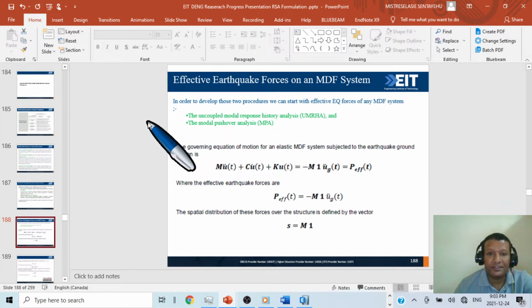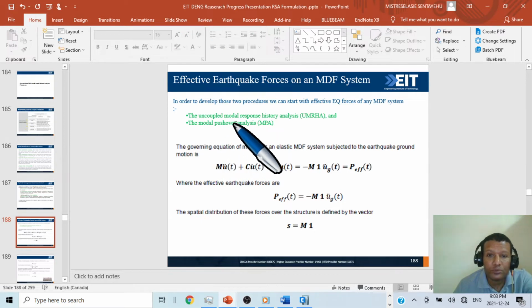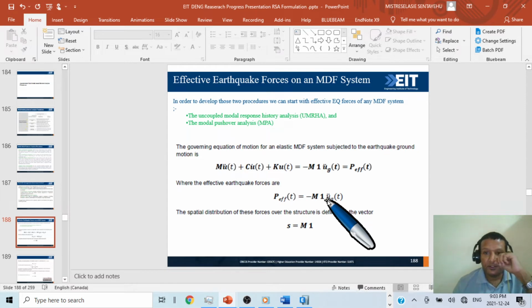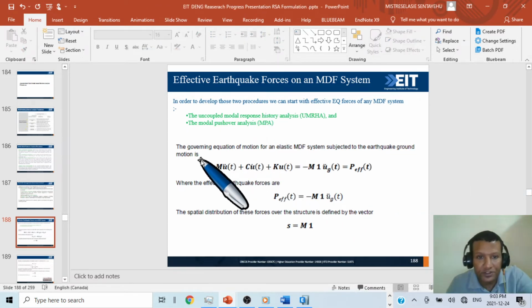We have two types of pushover analysis here also: the uncoupled modal response history analysis, UMRHA, and the modal pushover analysis. We have two types, so we will see how. To develop these two methods, let's continue.